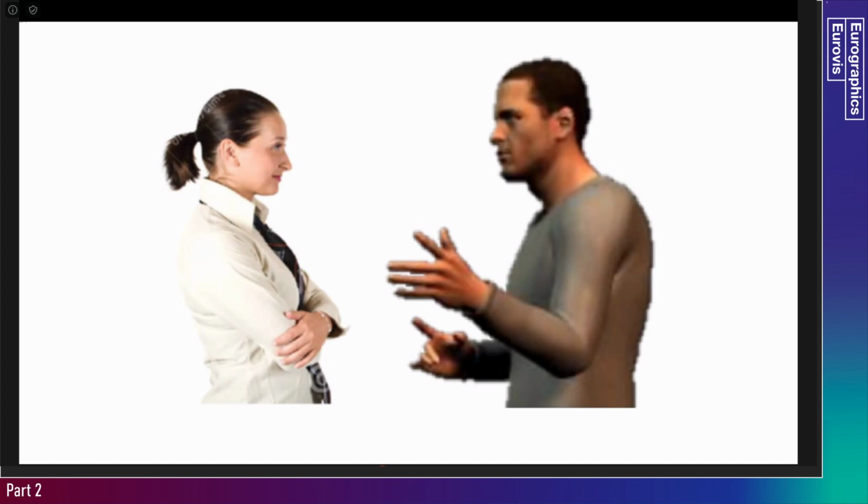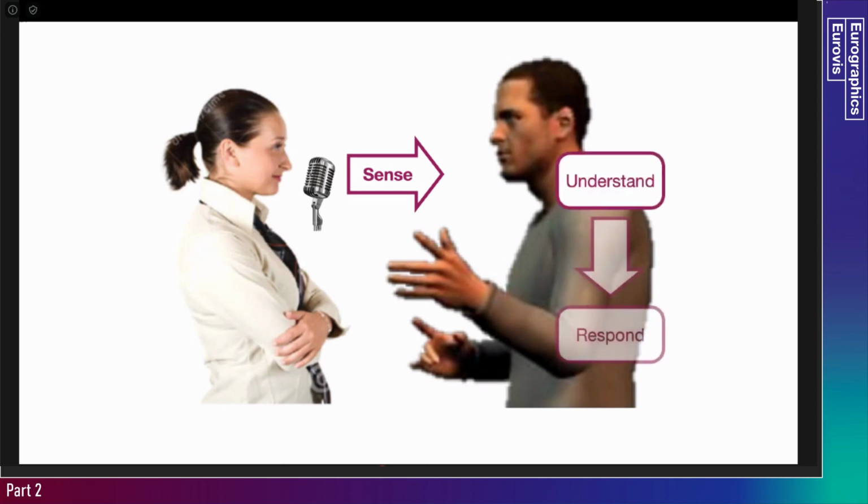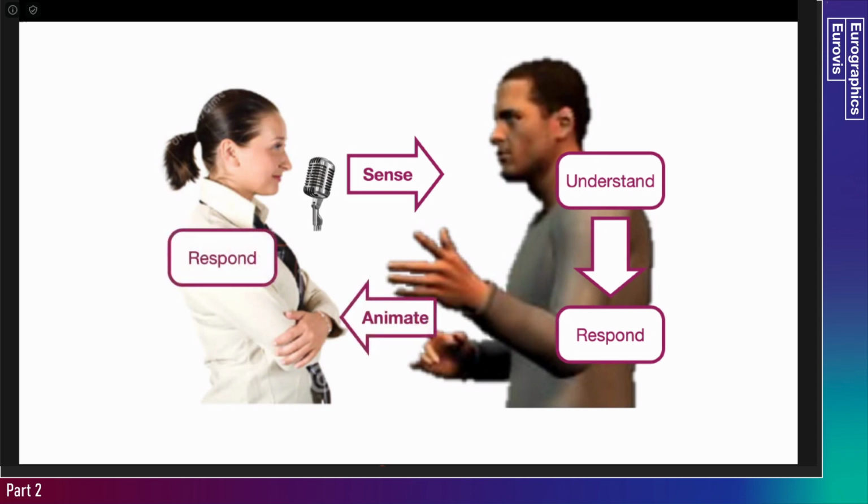So what we actually need is a kind of loop between the real person and the virtual person. So our VR environment has to sense what the real person is doing, understand it, interpret the sensory data, formulate a response, so do some behavior that is in response to whatever the real person is doing, animate that behavior, and then the real person will in turn respond to whatever the virtual person is doing, and we get this loop.